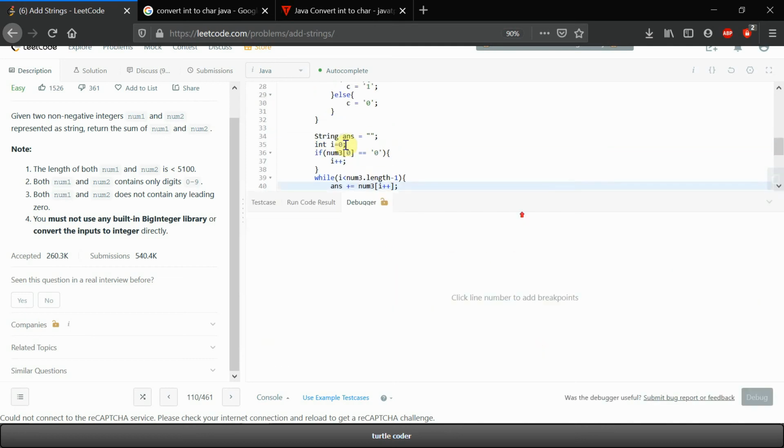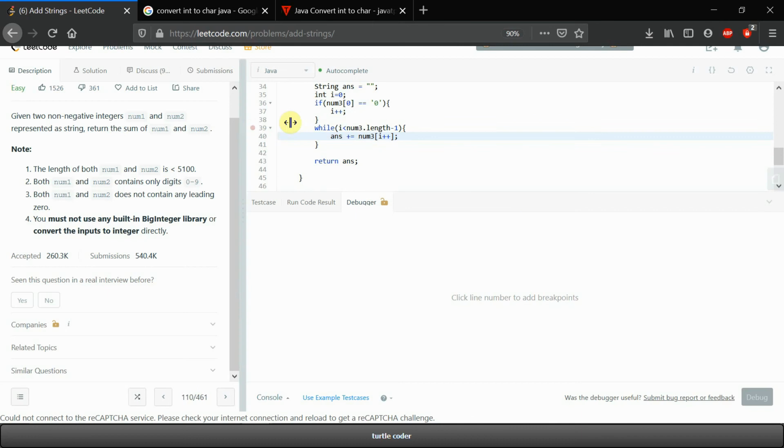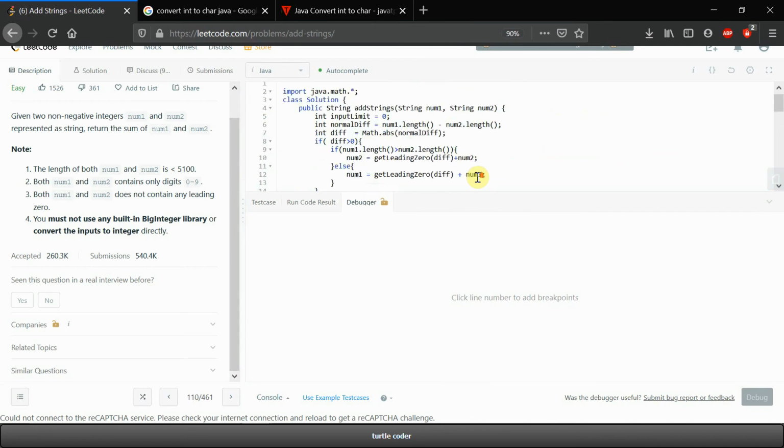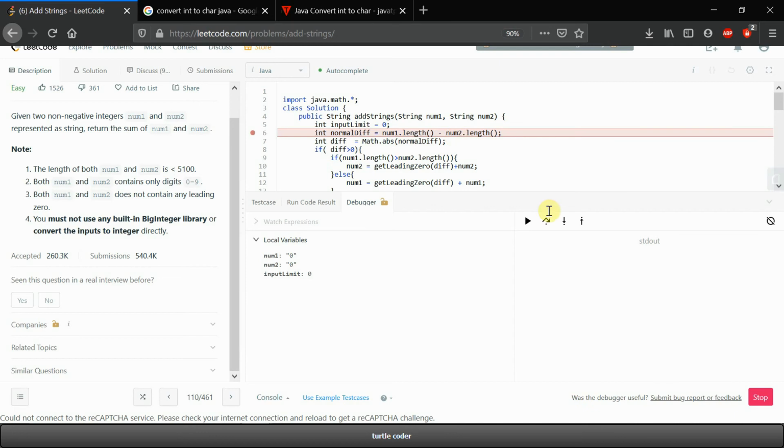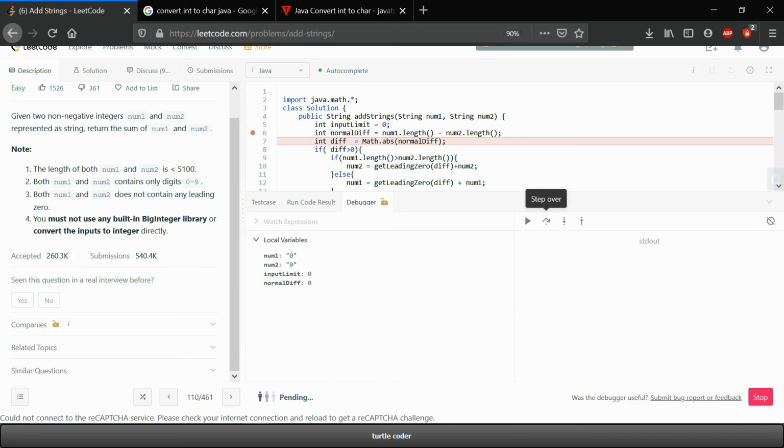Let's try to debug these things from the start. Debug. Okay, so the diff is 0. We don't have to do anything.